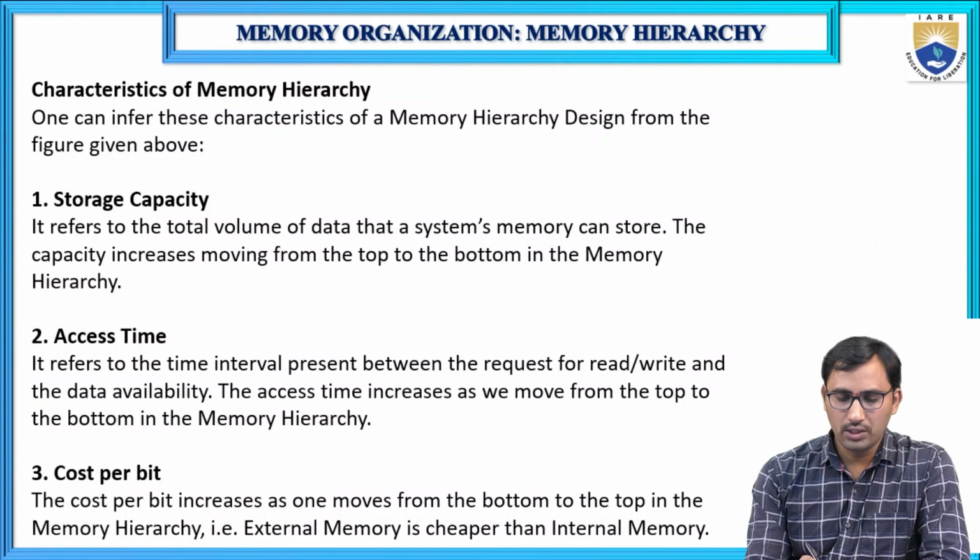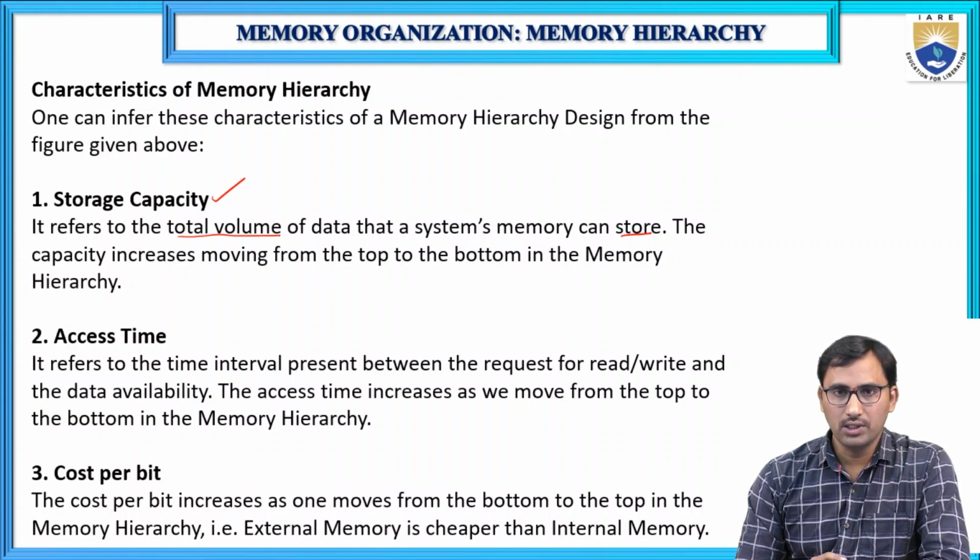So what is storage capacity? Storage capacity refers to the total volume of data that the system's memory can store. The capacity increases moving from top to bottom in the memory hierarchy.